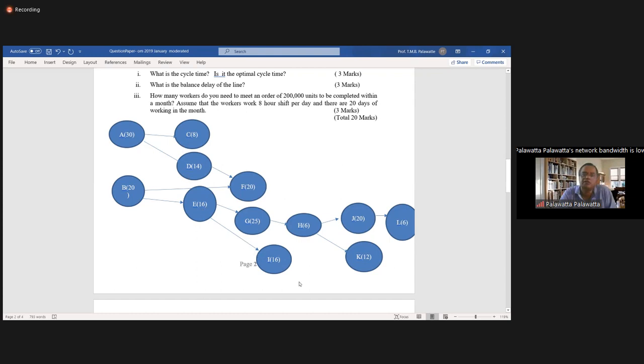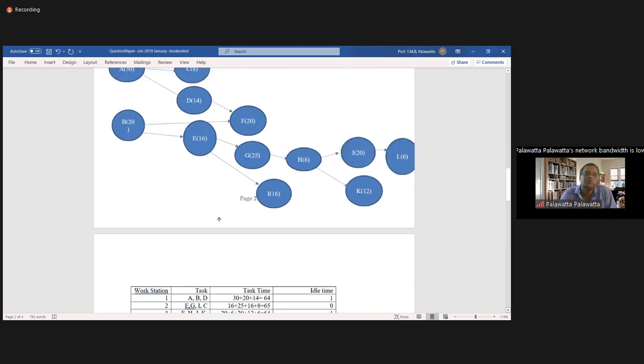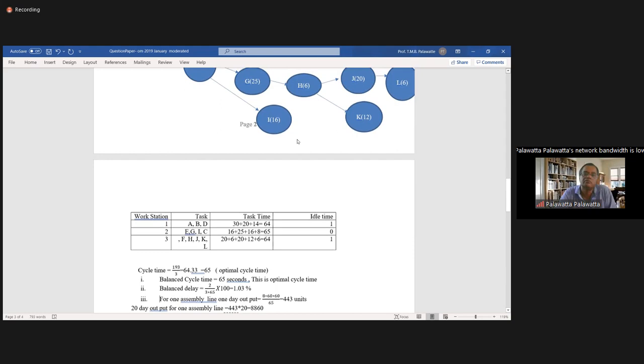So that's how I decided workstation number 2. E, G, I, C: 16 plus 25 plus 16 plus 8. That means 65.